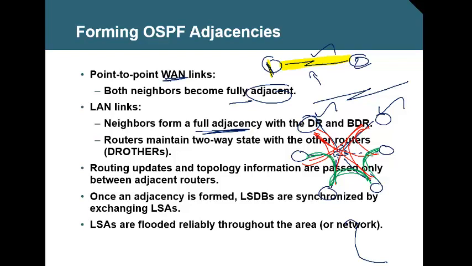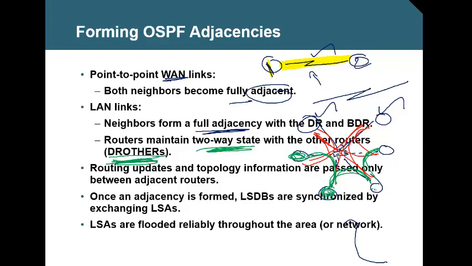He is my neighbor, I know his neighbor, but I don't know what he's doing, where he's working, no idea. Likewise, he doesn't know where I work, what I do, nothing. But we both live in the same street. That is what is called two-way state. Two-way state. So with all other routers, these are all called designated other routers.